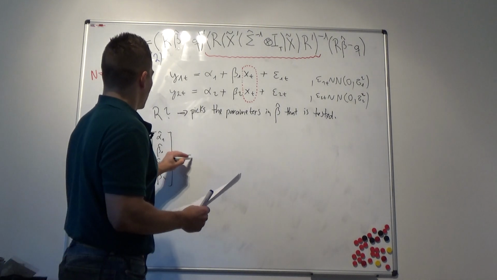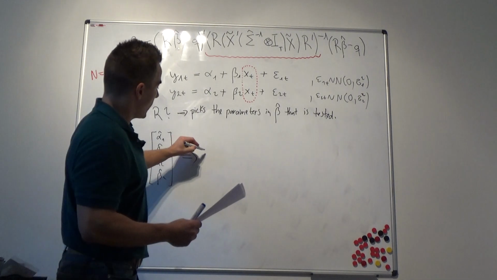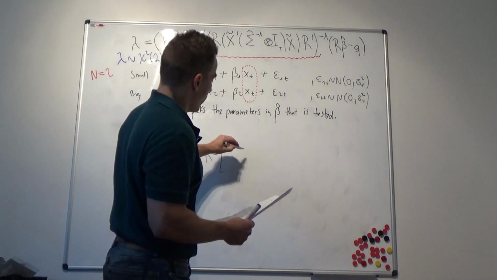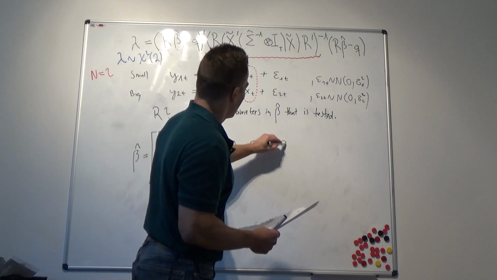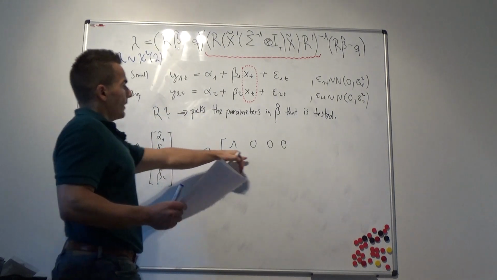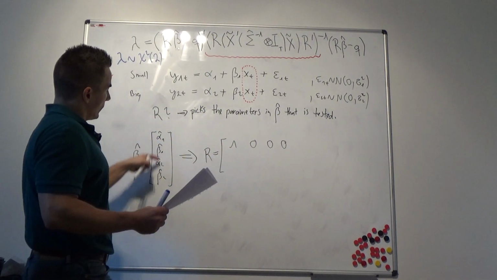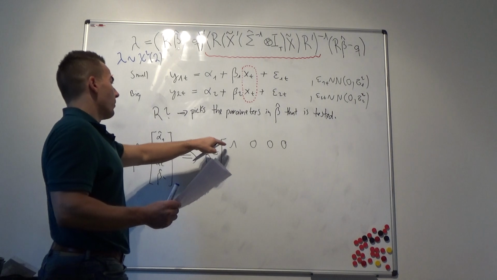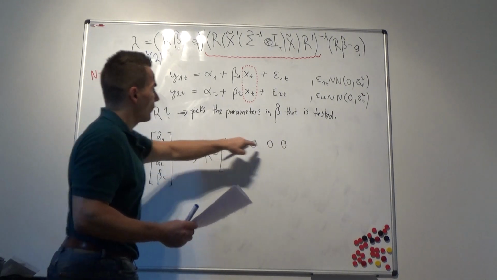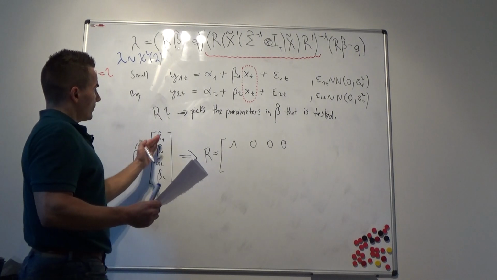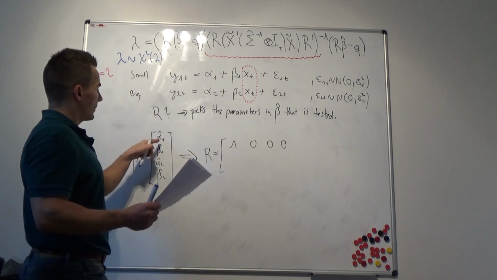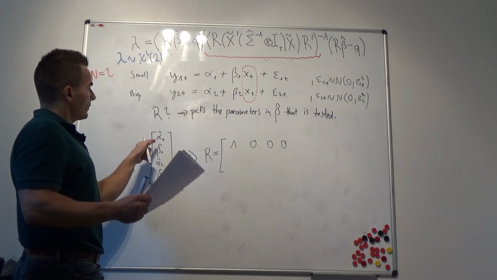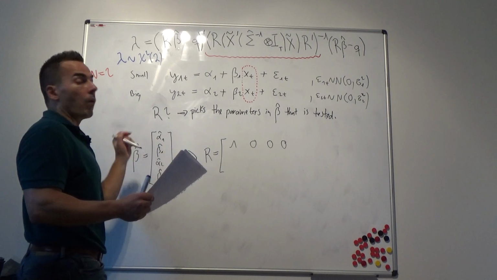So then it follows that our r must be like this: 1, 0, 0, 0. Because if you multiply this 4 by 1 vector with this 1 by 4 row vector, it gives us exactly this element here, because these three here are set to 0. So if you multiply these, what remains gives us the alpha 1.